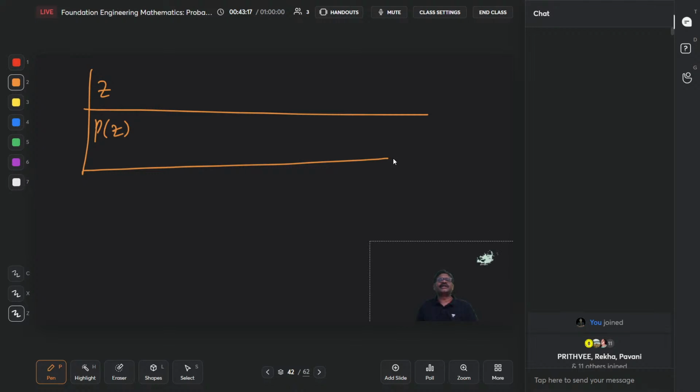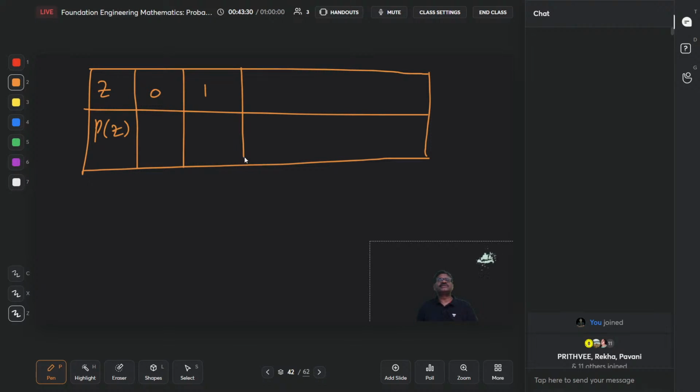Z and corresponding probability. Z is the difference between the number appearing on the first die and the number appearing on the second die. So 0, 1, 2, 3, 4, 5. How many cases is the difference 0? 1,1, 2,2, 3,3, 4,4, 5,5, 6,6 comes. 6 by 36. The difference is 1 in 10 cases: 1,2, 2,3, 3,4, 4,5, 5,6, and the reverse way. That's why 10 cases.